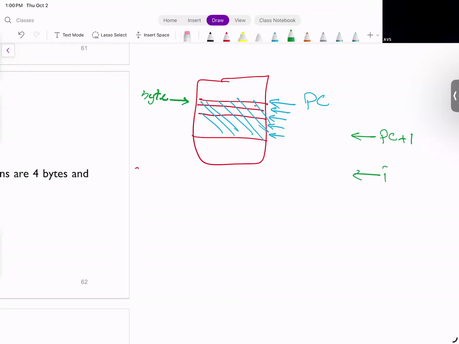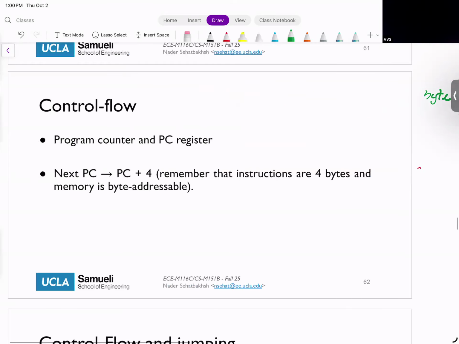I need to do PC plus 4, because PC, PC plus 1, PC plus 2, and PC plus 3 all belong to the same instruction. PC points to the beginning of the instruction. PC plus 1 is the second byte of that instruction, PC plus 2 is the third byte, and PC plus 3 is the fourth byte. So if I want to go to the next instruction, I do PC plus 4. Just know that our next PC, which points to the next instruction, is always PC plus 4 away from the current instruction.